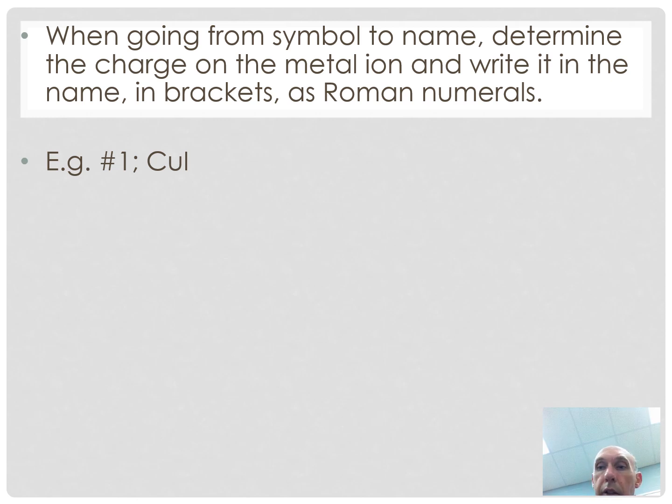What I do is I start with the iodine. It's got a -1, and that's where the 1 came from. So with the 1 here, that had to come from the +1. So this means this is copper(I) iodide.